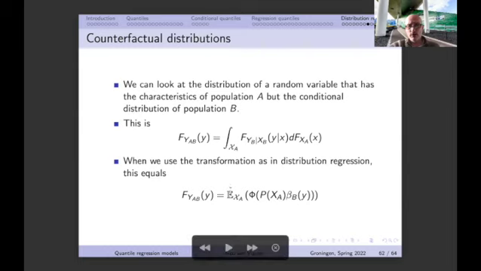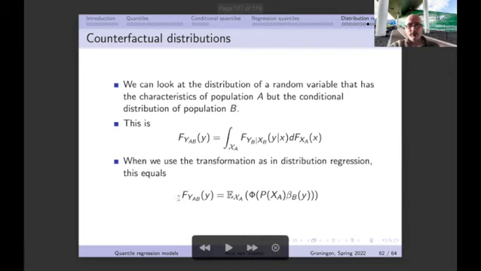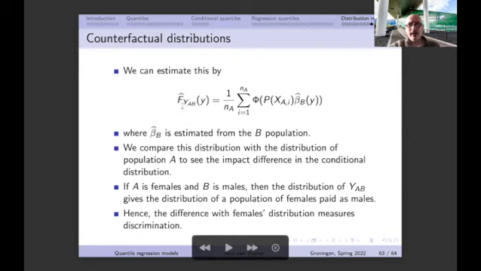What we then are going to do is sum over all the observations, of course of the A population, not the B population, with respect to this thing that we have over here, and we divide, of course, by the number of observations that we have in the A population. So this is an estimator of our F that we have over there, the distribution function of a population that we don't have, therefore it's a counterfactual distribution function, that we can actually estimate by this thing that we have over here.